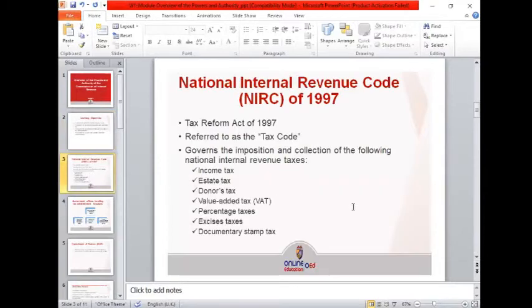So what is the National Internal Revenue Code, or the NIRC of 1997? The National Internal Revenue Code of 1997 is also known as the Tax Reform Act of 1997.